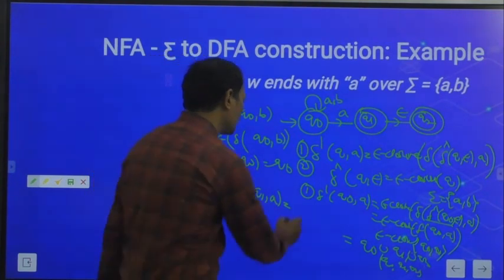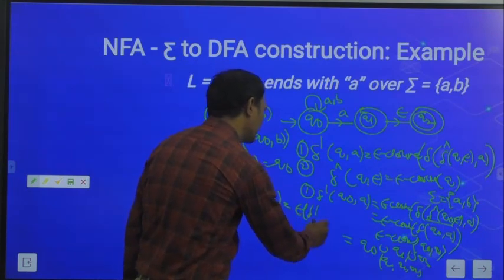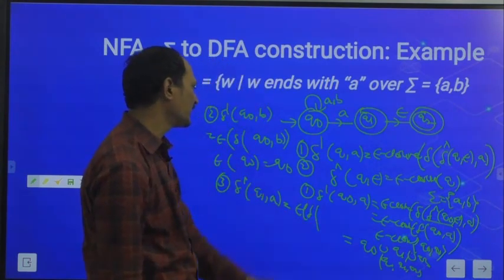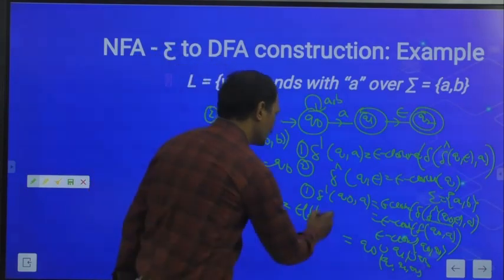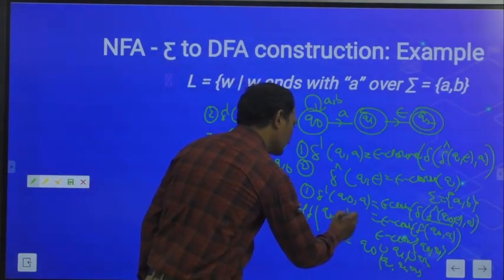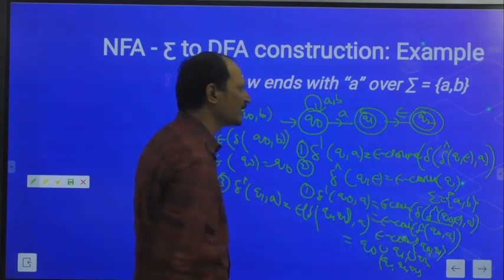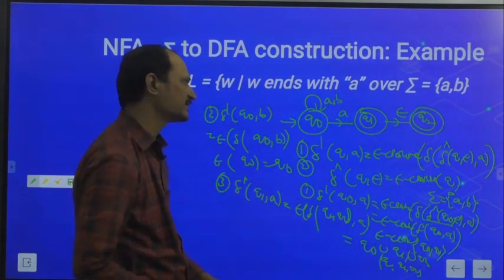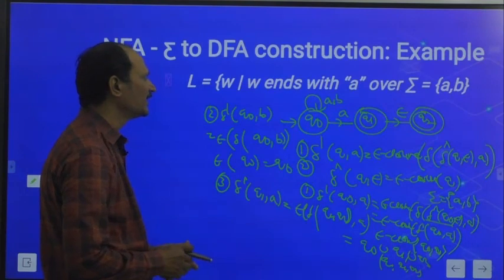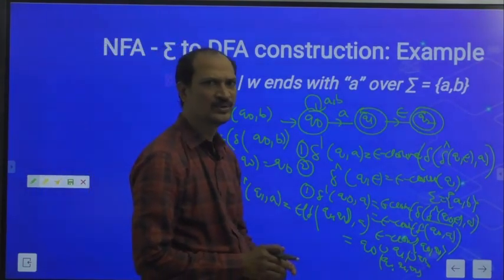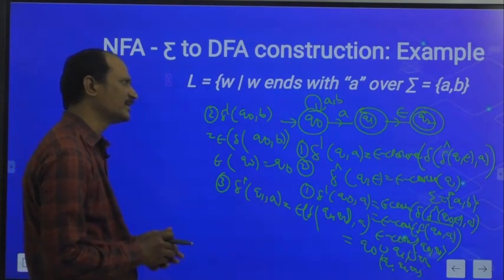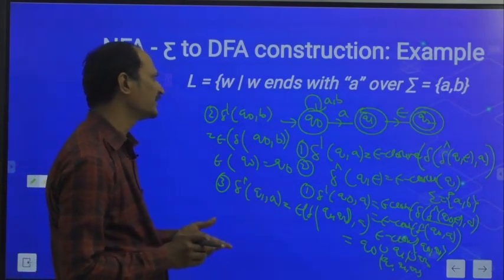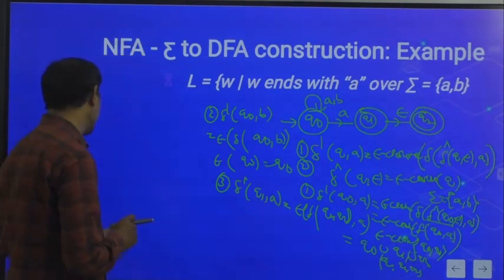It means epsilon closure of delta cap of Q1 comma A, which means epsilon closure of Q1, that is Q1 comma Q2, and A. In this way we are going to follow the things. Okay, this is about converting an NFA with epsilon transitions to an NFA without epsilon transitions. Later we can convert it into the DFA.